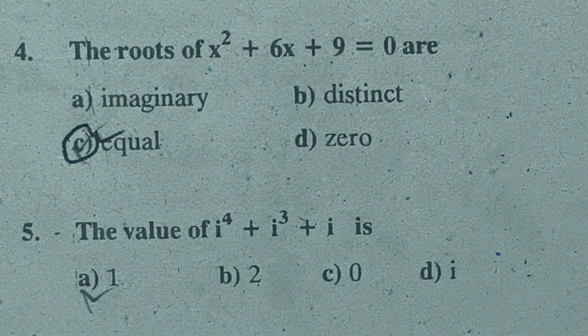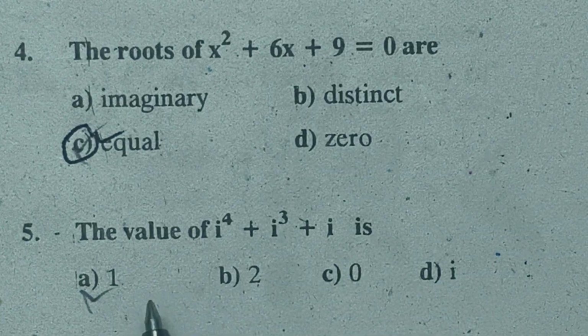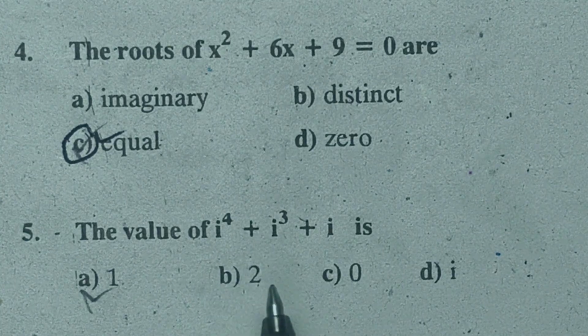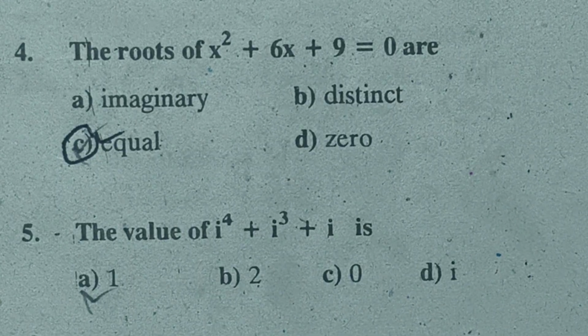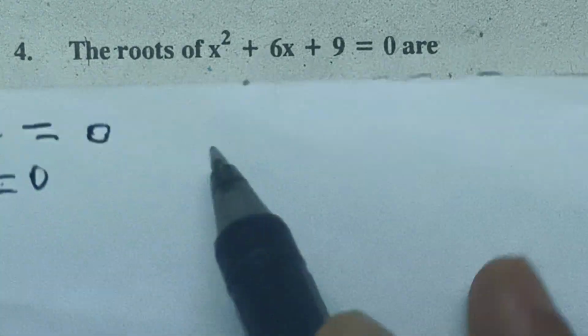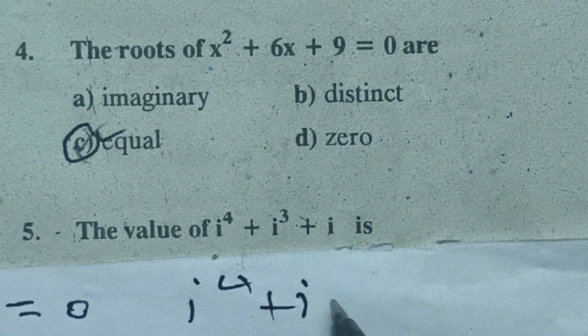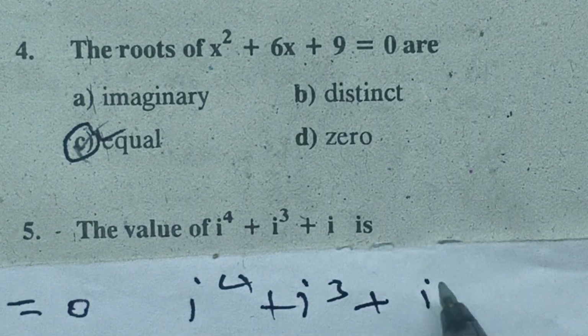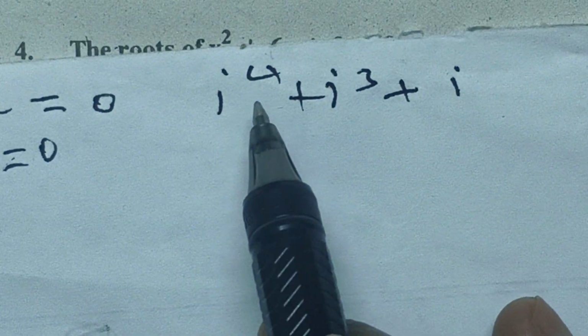Next, 5. The value of i power 4 plus i cubed plus i is i squared. i squared is minus 1.